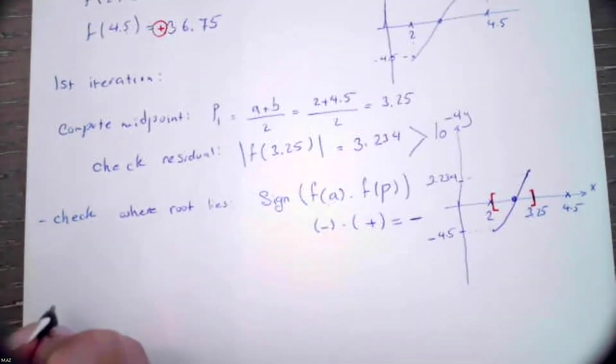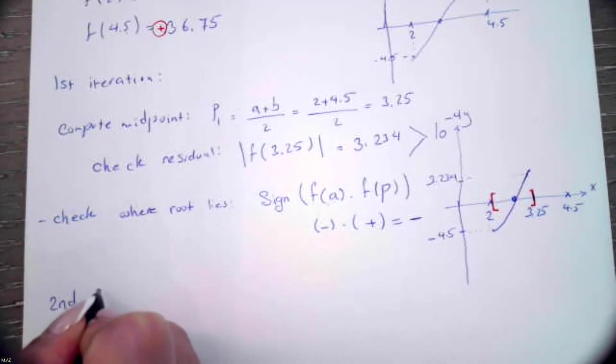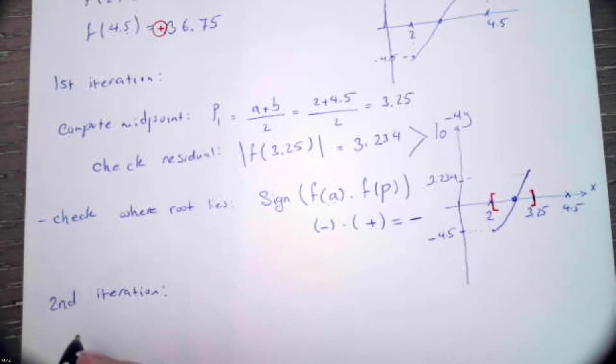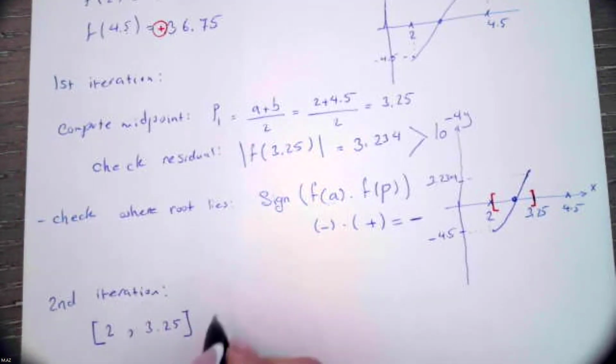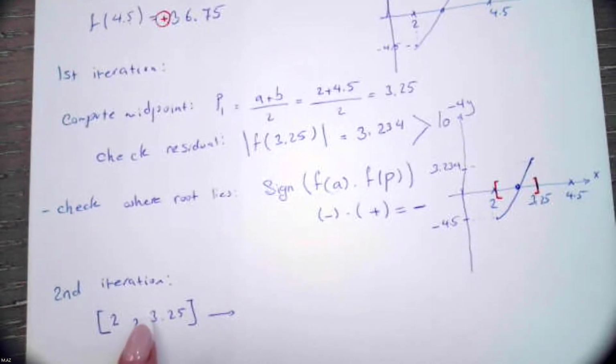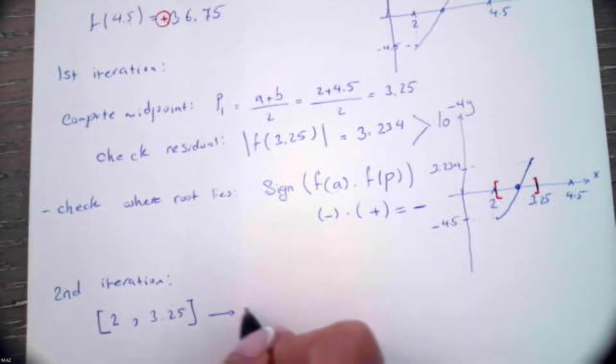Okay, second iteration. This is the interval. Now we are trying to find the midpoint for this new interval.